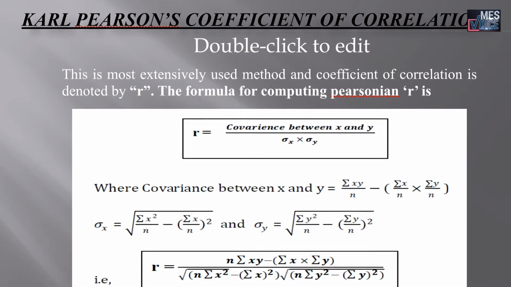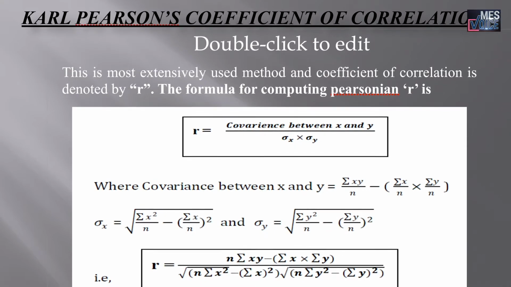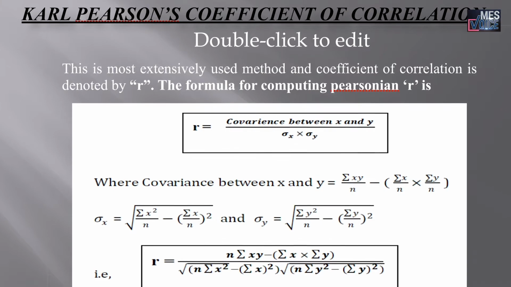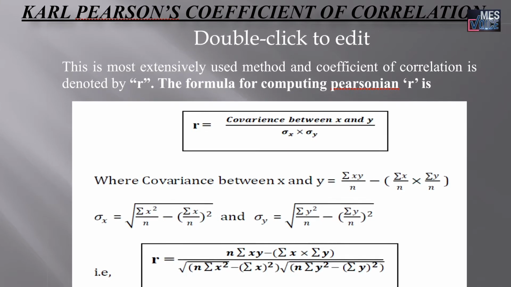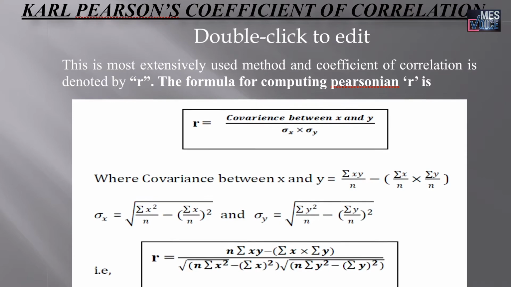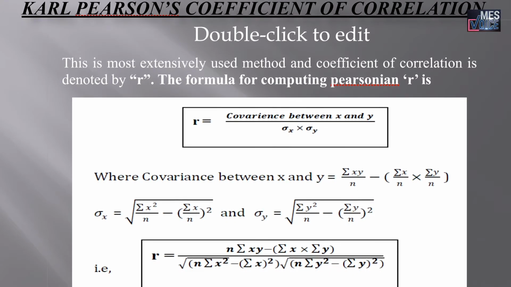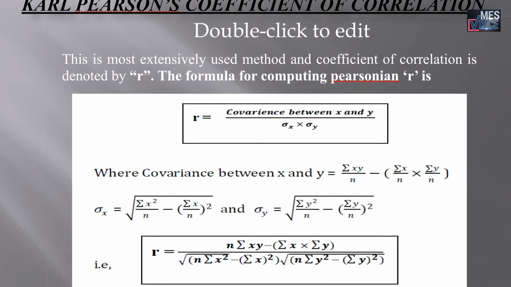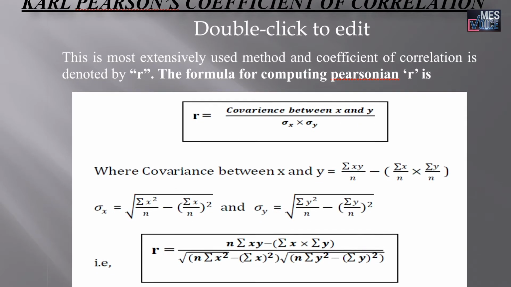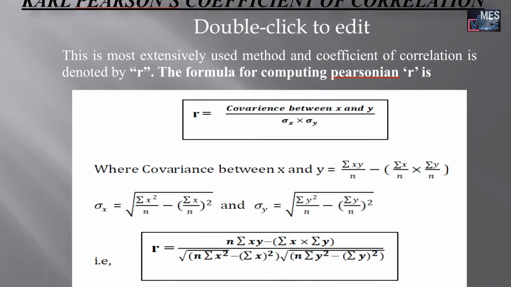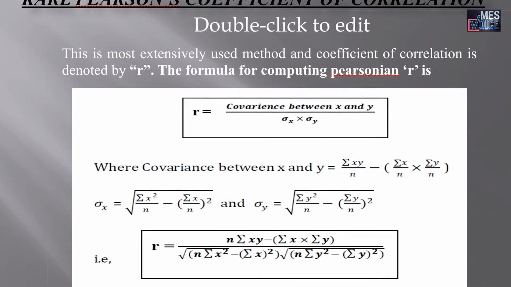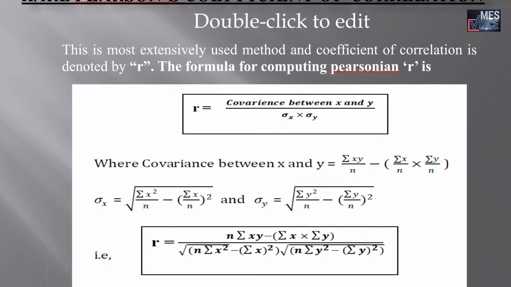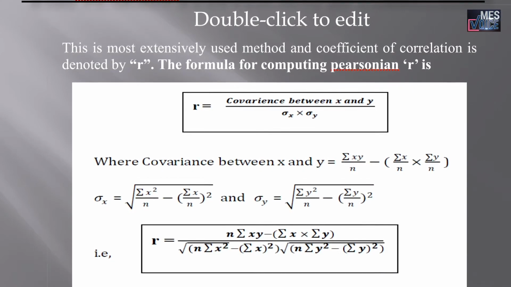It is the most popular method for finding correlation, and it is also known as Pearson's coefficient of correlation, product moment correlation coefficient, etc. It is usually denoted by the symbol r, and the formula for calculating r is n summation xy minus summation x into summation y, divided by root of n summation x square minus summation x the whole square, into root of n summation y square minus summation y the whole square.